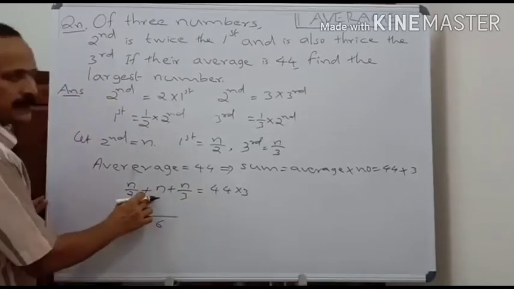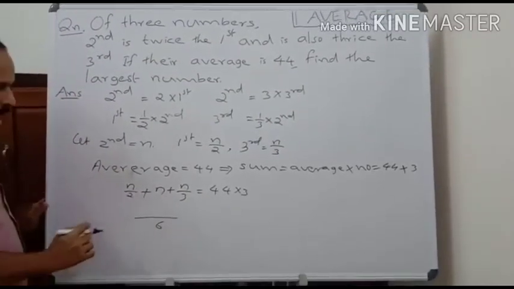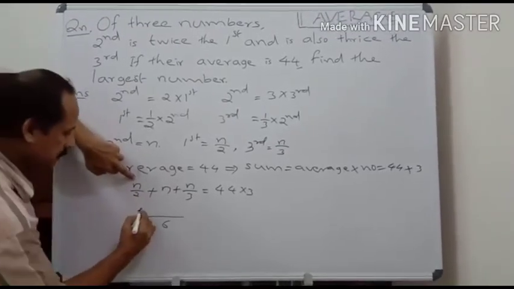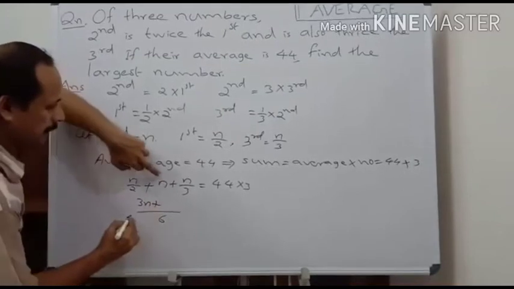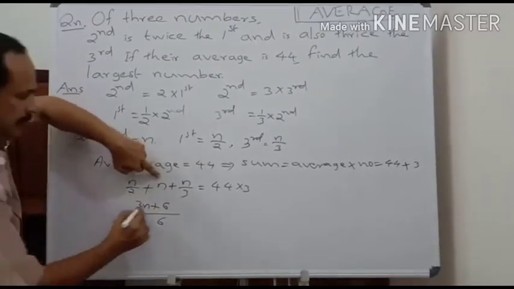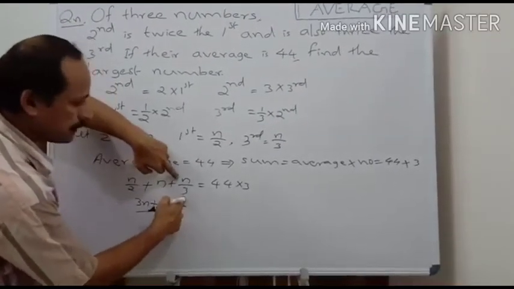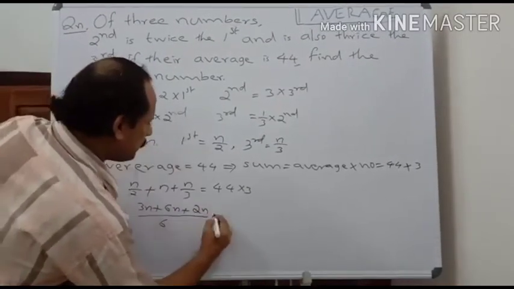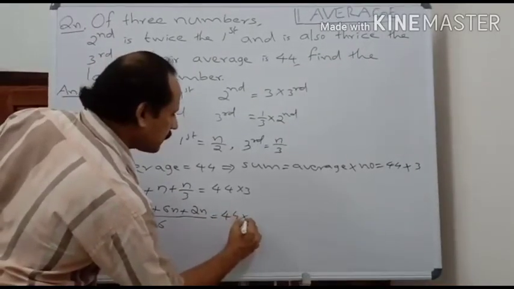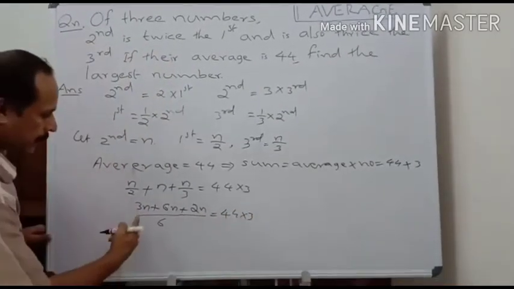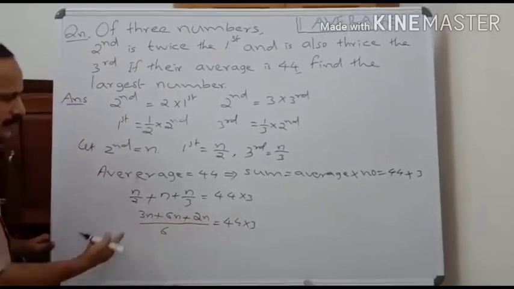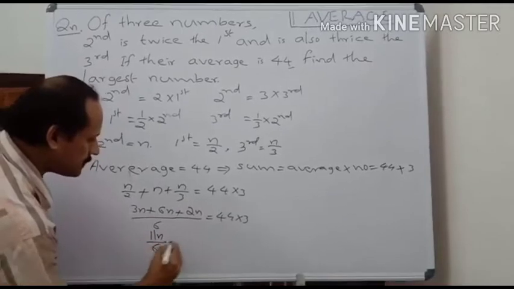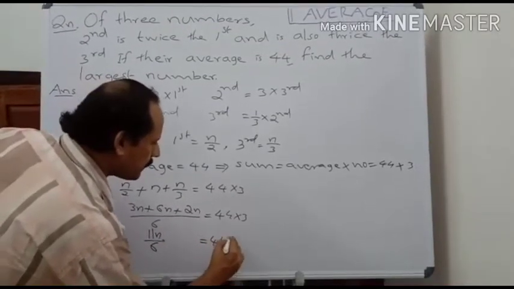Here the denominator is 2, here 1, here 3. Therefore 6 is the LCM. Then n becomes 3n, this n becomes 6n, plus here the denominator 3, therefore this n becomes 2n, and that is equal to 44 into 3. The numerator is now 3n plus 6n plus 2n, that is 11n by 6 equals 44 into 3.